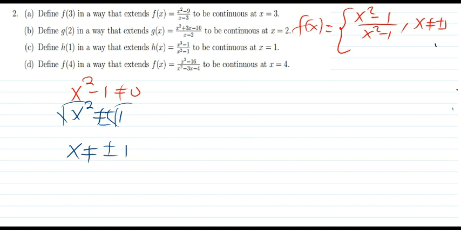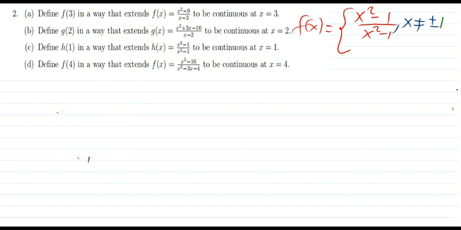Okay, then let me put the condition in a different color. So the condition is that x should not be equal to plus or minus 1. Then the next one we don't know, but we have to take the limit. So it's going to be the limit as x approaches that number which we have been given, of the function.